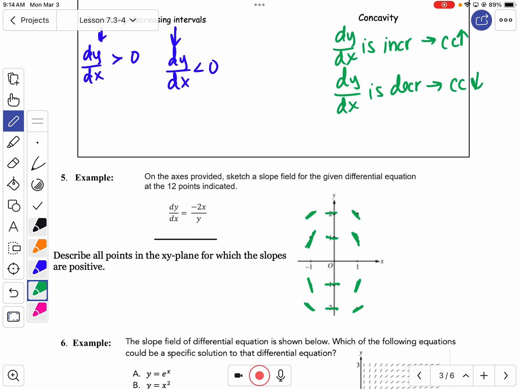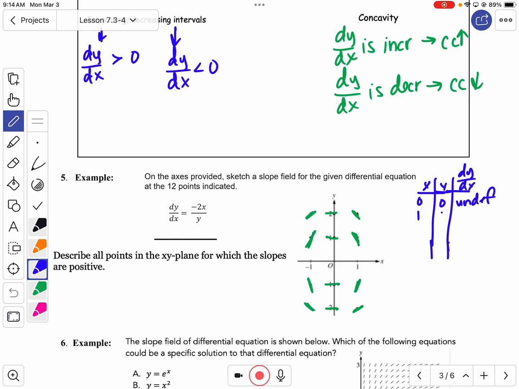All right, so it should look something like that. Here's the strategy I like to show people. I think it's nice when they're filling in a slope field, especially for points that you're given, so you can do a 3-column table there if you plug in your x and y values, and so we can see the slopes as well.